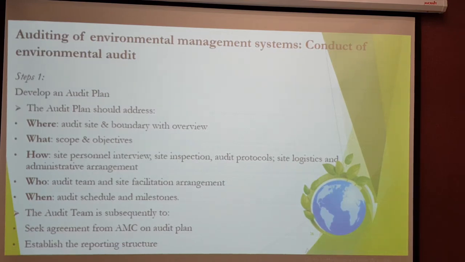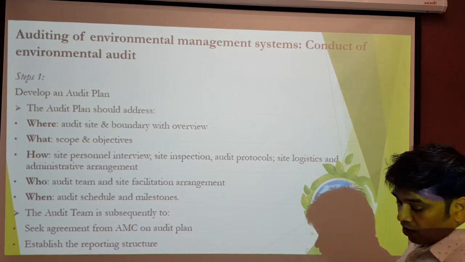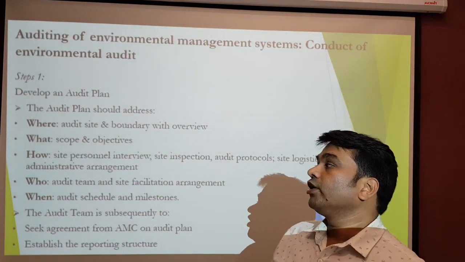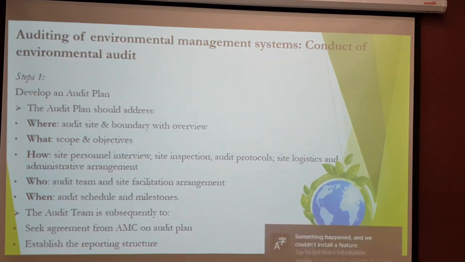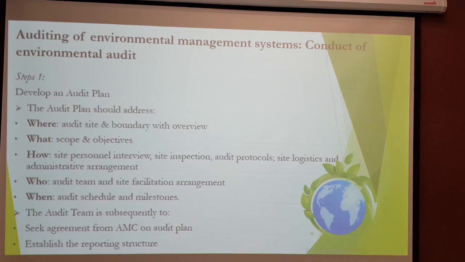So before going to this environmental audit scheme, we have to develop an audit plan. And for developing the audit plan, we have to answer some questions. First, where: the site, boundary, and some overviews, meaning we have to prepare the checklist. Then what: the scope and objective.